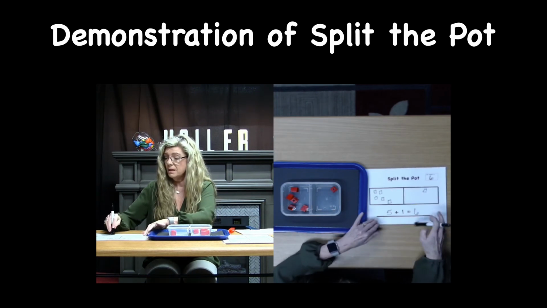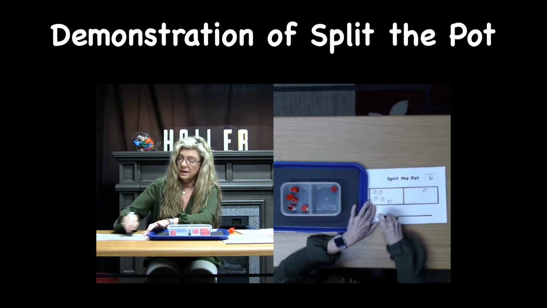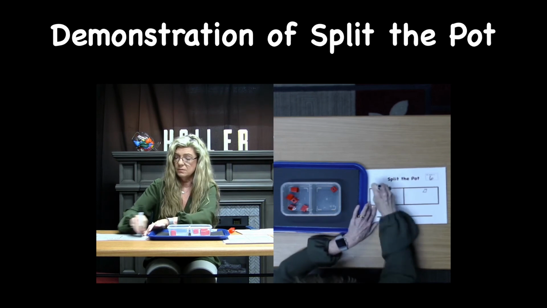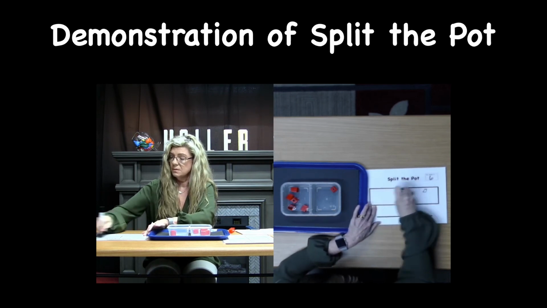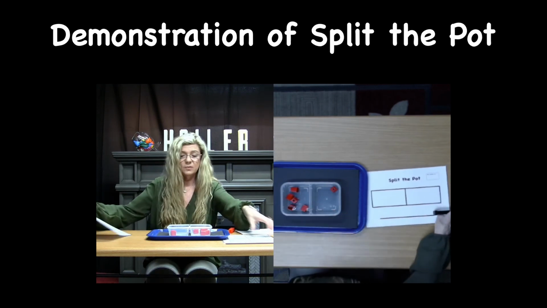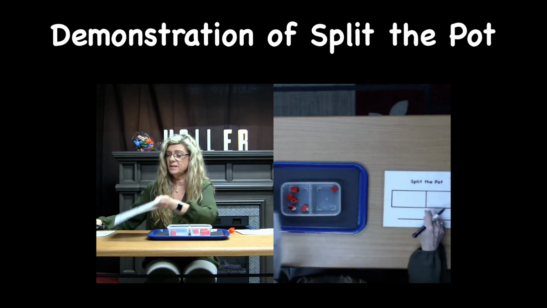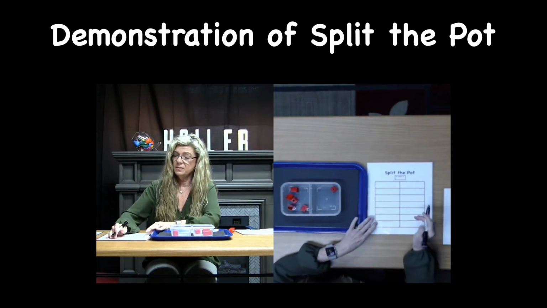Okay? Now, I want to talk about how we can move this to a different level. Once they've had many experiences doing this, they're ready to possibly move on to this next recording sheet, still keeping that same number.